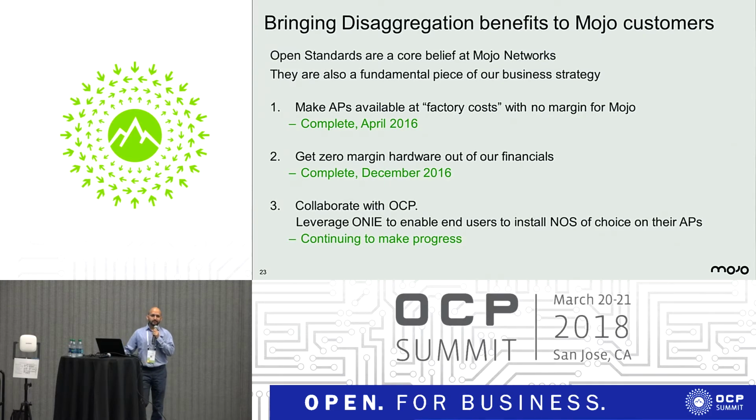And so the next step, which is why we are here at the summit and we're trying to promote this, is to collaborate with OCP, because our vision and philosophy is completely aligned with what OCP is trying to do. And then we're trying to leverage ONIE essentially to give end users the choice of NOS to install on the APs. And we're continuing to make progress on that, and hopefully we'll have more announcements about this in the near future.